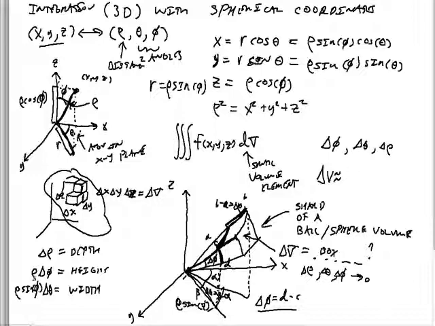So we see there's a rho here and a rho there. That makes a rho squared. We see there's a sine phi like that. And then we multiply all the delta rho, delta phi, and delta theta together.